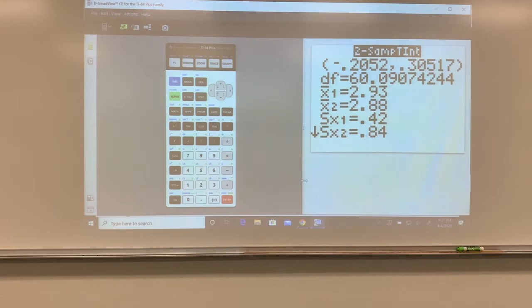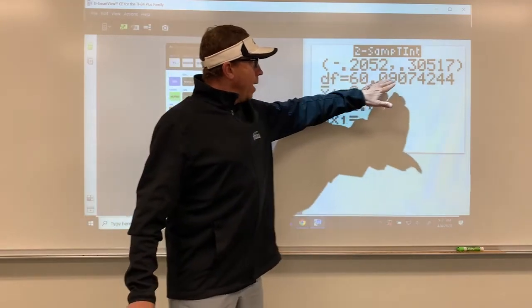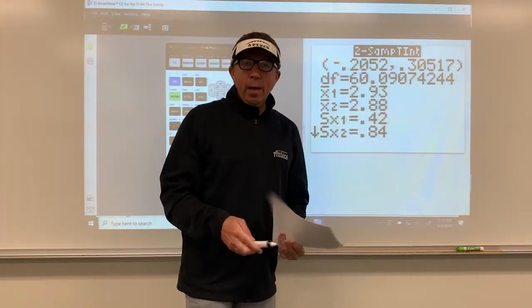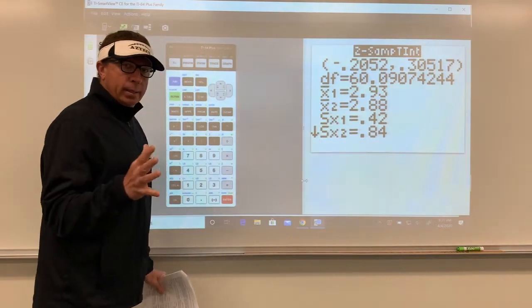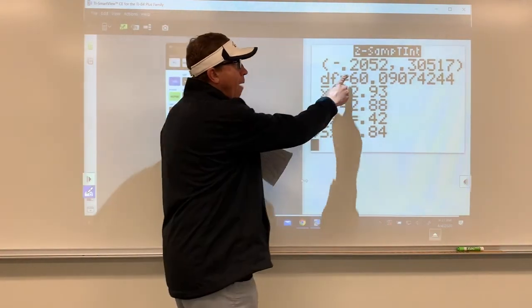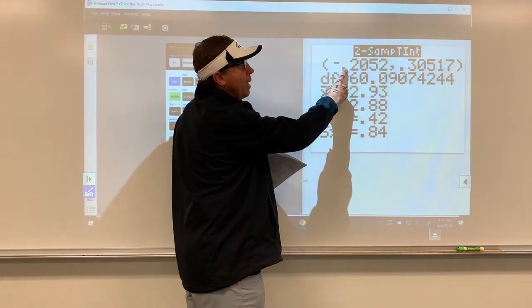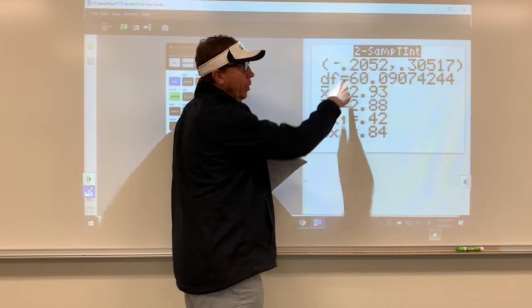Okay. If you notice, one of the interval endpoints is negative and one of them is positive. And what this literally means is that it's possible that the off-campus kids have a higher GPA than the on-campus kids by about 0.2.